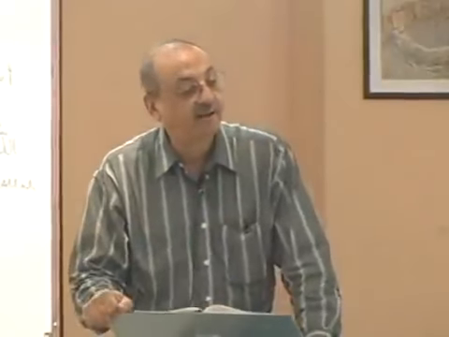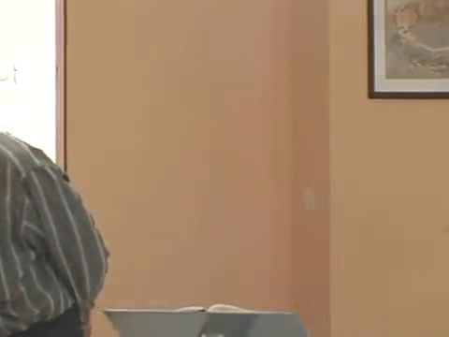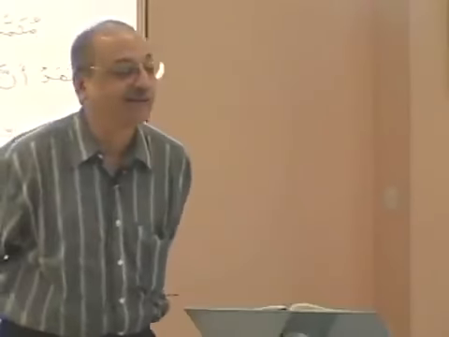Now, as I said, we want to know why they are marfu and mansub and majroor. So if it is a mubtada, it will always be marfu. Got the idea, brother? And if it is news, khabar, then also it will always be marfu.